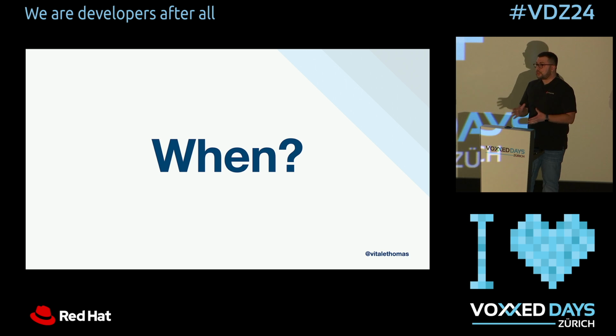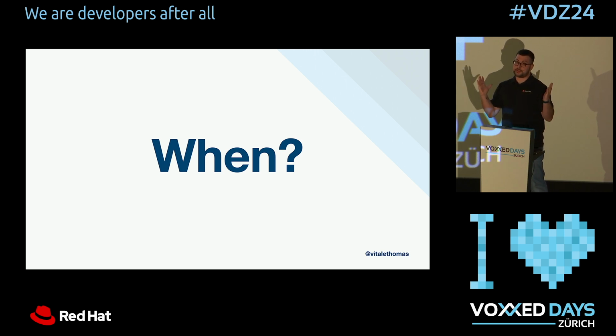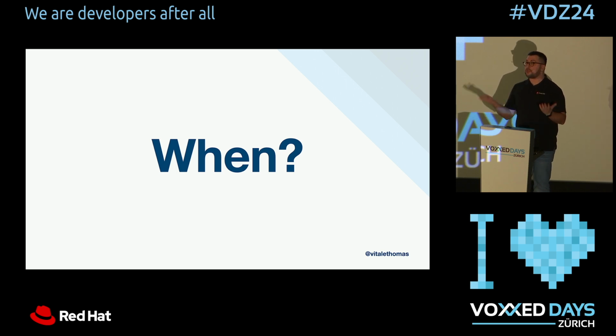At this point, we need to ask the question, when should we build them? Because the supply chain is a series of steps. So at which point do we want to generate a bill of materials? So think about baking cookies. You might go to the supermarket and buy a box of cookies, and let's say that you don't have all the ingredients on the box.